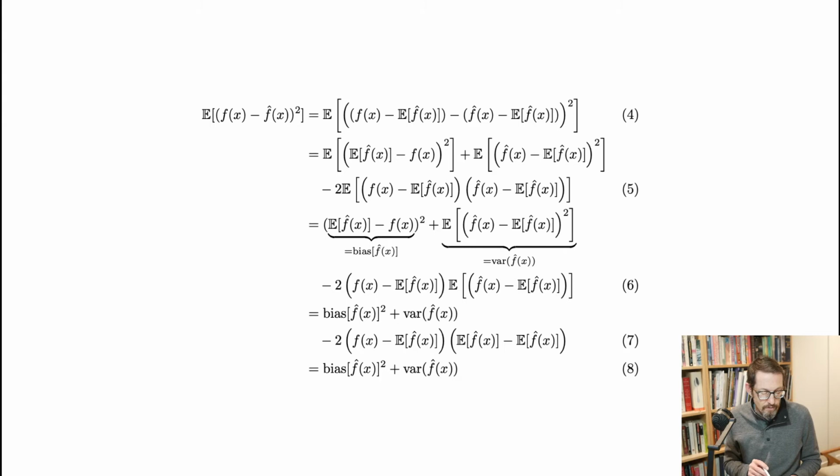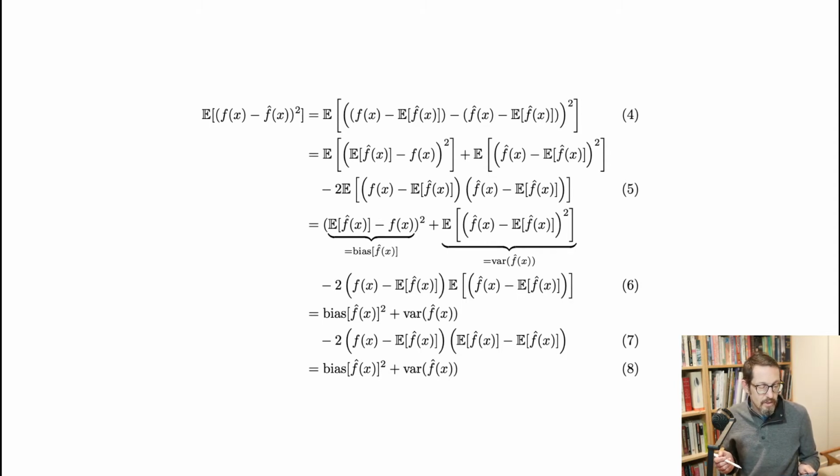In equation 5, we expand the term inside the square, right? So the bias, the expected value of f hat of x minus f of x, is just a constant. Okay, we're subtracting f of x, which is a constant, from the expected value of f hat of x, which is also a constant. So the two things being constant, we don't need them anymore.